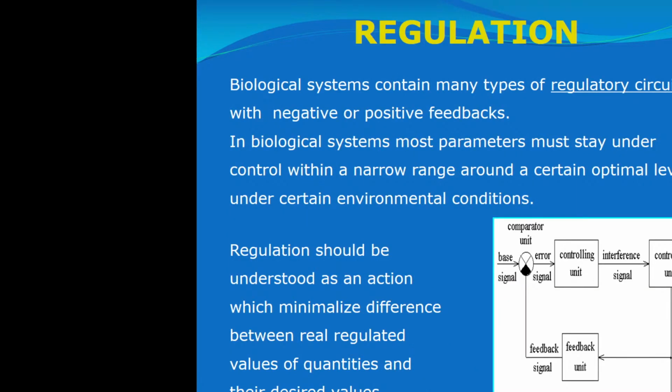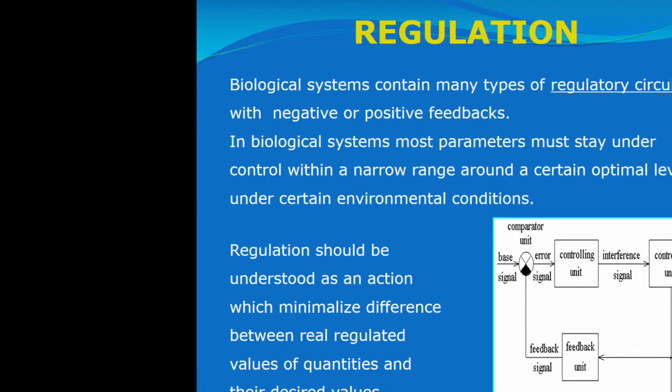Regulation is the other type of control, with feedback. Biological systems contain many types of regulatory circuits with negative or positive feedback, two different types of feedback.